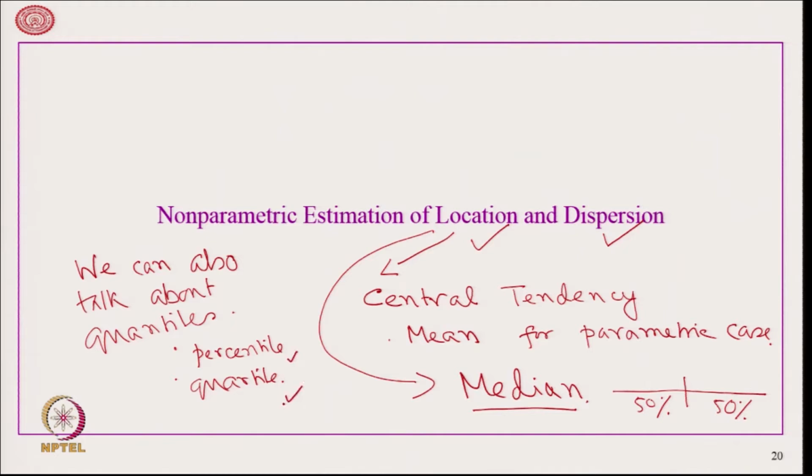There is no problem, we can do this using non-parametric methods. And dispersion, by dispersion basically we mean the spread of the data. With respect to the parametric case, we use variance or range. We shall see how we use the data given for measuring the spread. So, this is the basic background.